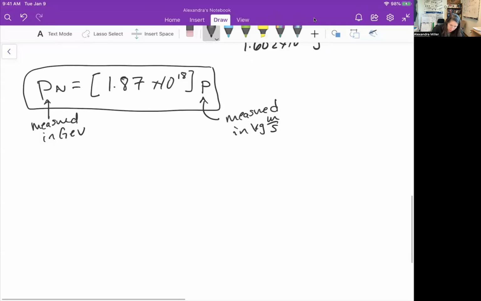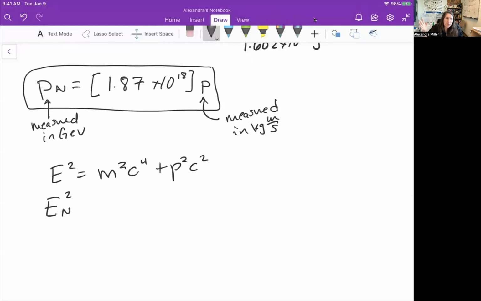I'll also note that equation that I had earlier, which is E squared equals m squared c to the fourth plus p squared c squared. If I rewrite this equation in natural units, I mean, E sub n, again, energy, we aren't really measuring differently. It's just an energy, but we could call it E sub n.